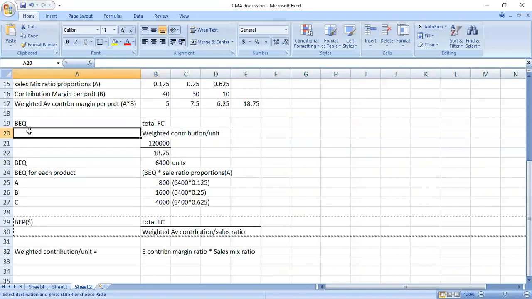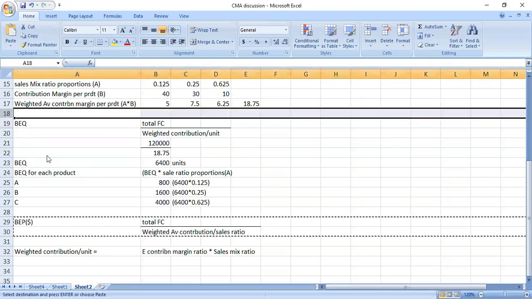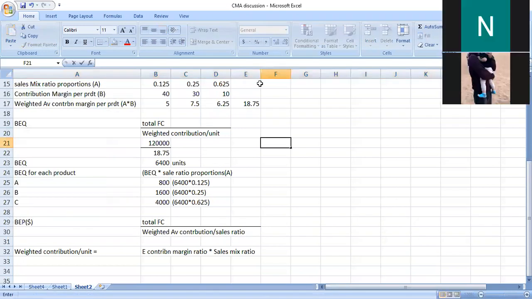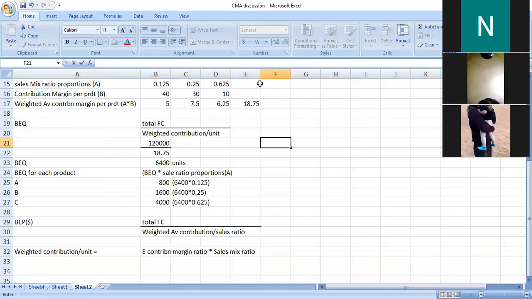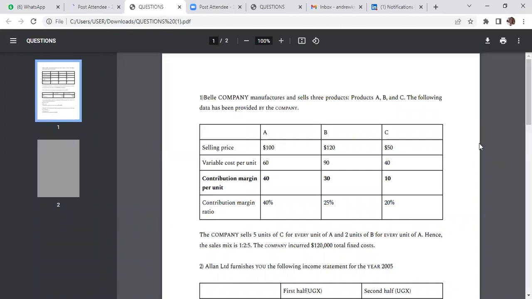In our question, we're given the selling price and the sales mix ratios. Before that, we should take note that this time the ratio is used for individual sales to total sales amount. What do I mean?